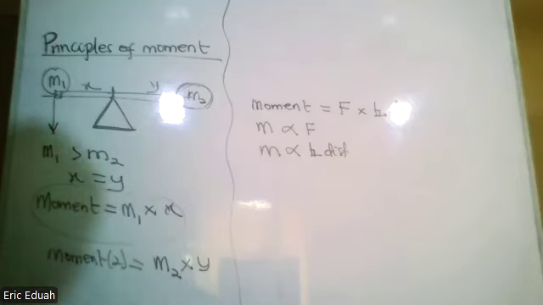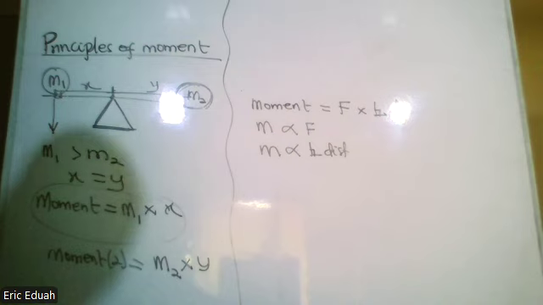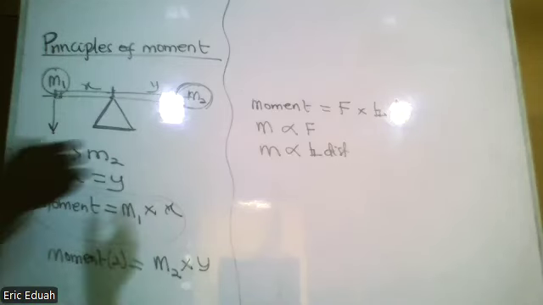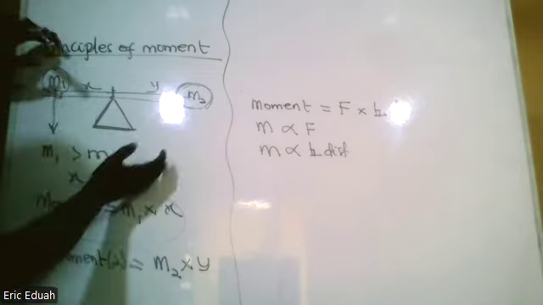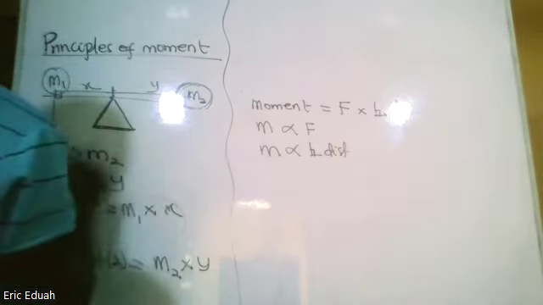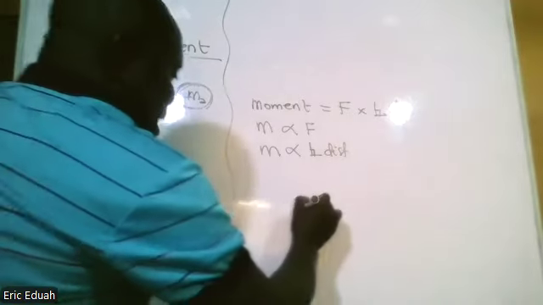Please, are you with me? Class, are you okay? Yes, sir. So if we have this situation, we'll certainly have turning effect. This one, M1, is pushing or tilting M2 up. So we wouldn't have a balance.